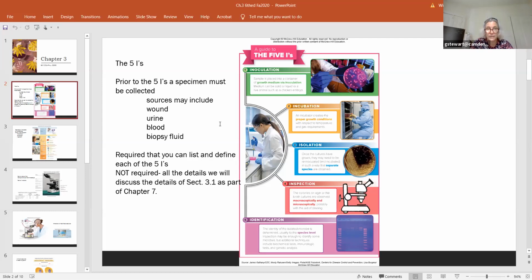Please note, it's required that you can list and define each of these 5 Eyes, but you are not required to know all of the details. The details of section 3.1 we're going to include when we get to chapter 7, because most of these details include things we're going to learn in lab, as well as things that have to do with how you feed microbiology, how you feed microbes.